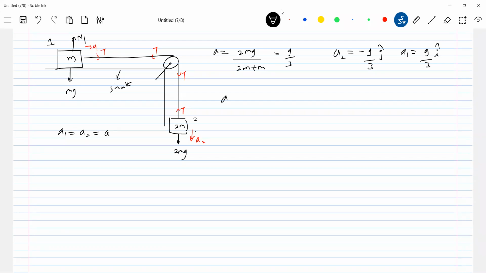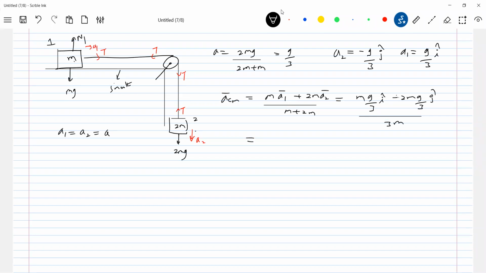What is the acceleration of center of mass? Let me proceed like this. This is (m a1 bar plus 2m a2 bar) by (m plus 2m). A1 is g by 3 i cap minus 2m g j cap by 3m.